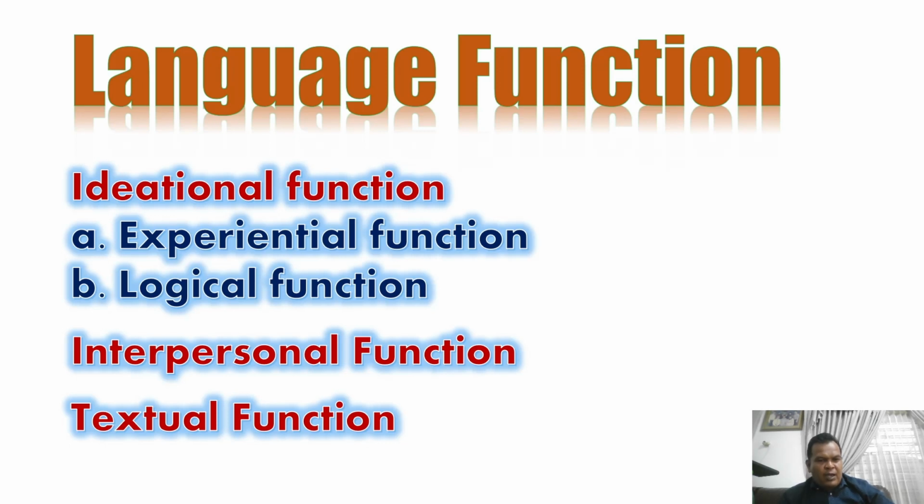And the last one is how to make our ideas cohesive, how to make our ideas meaningful, and how other people can see that our ideas are arranged in a good order, and that is the textual function of language. You see that in SFG we learn all of the functions of using language, how we use our language. So there are three functions: ideational function, interpersonal function, and textual function.